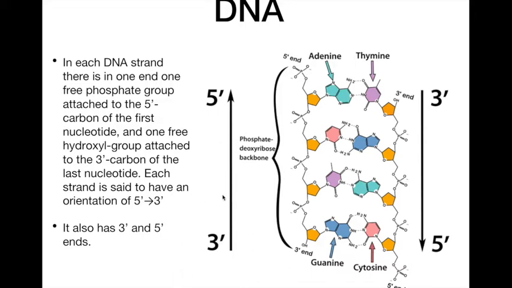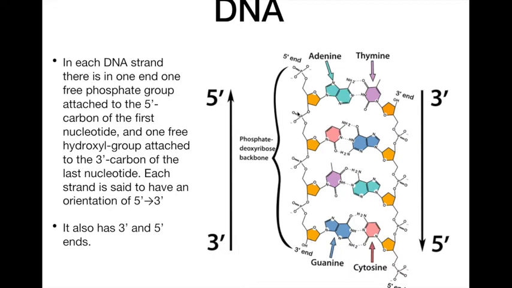The 5' phosphate group. The first nucleotide will have a phosphate group attached to its 5' carbon atom, and the last one will have a free hydroxyl group attached to the 3' carbon.